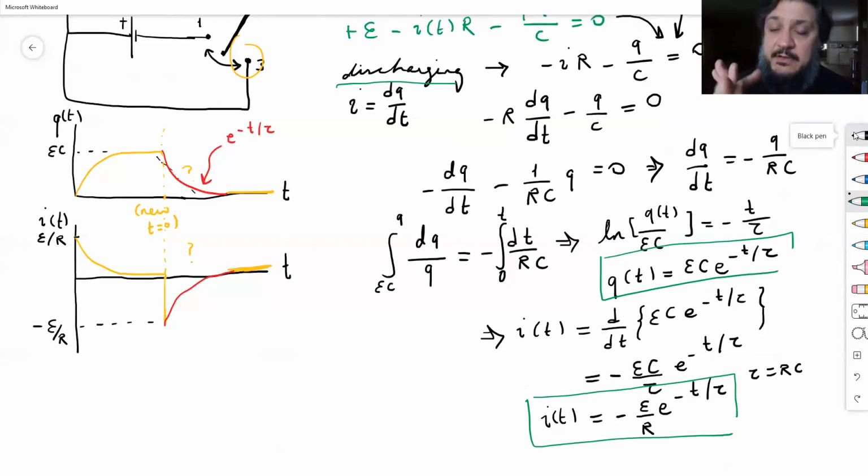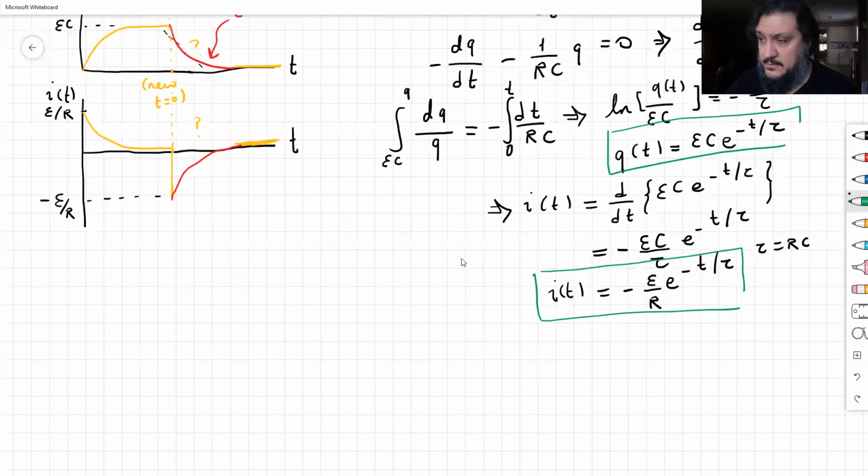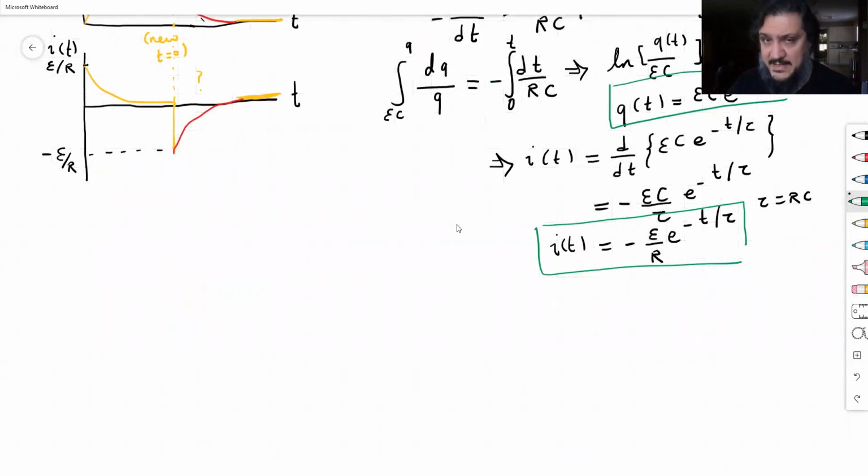All right. Okay, so what about energy? Now, in an RC circuit, we have three components: the battery, the resistor, and the capacitor. Capacitor is used to store charges, and storing charges means creating an electric field between the plates.